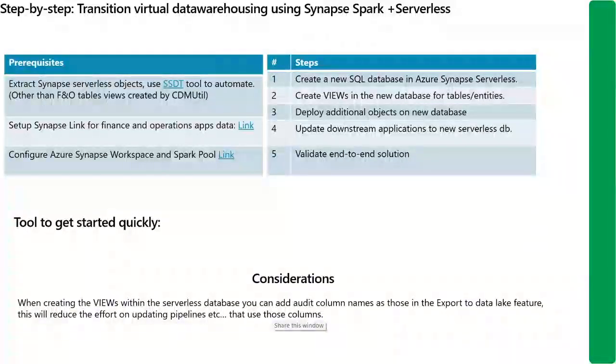Then you can deploy additional objects which you have extracted from your previous database into this, and your downstream applications, be it Power BI or any other applications, would need just the connection change. Then you can validate the solutions and start transitioning into production.